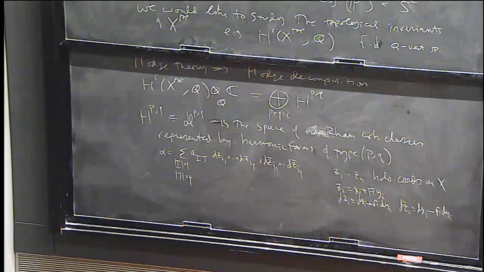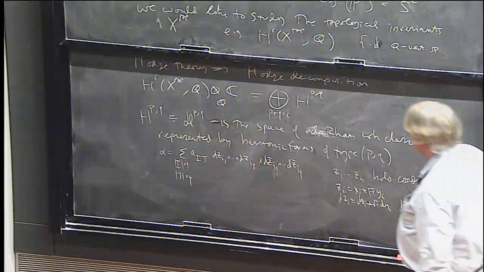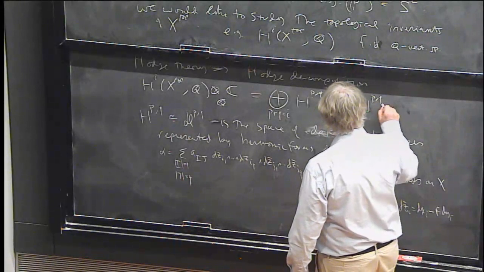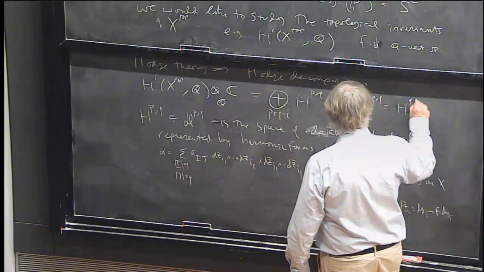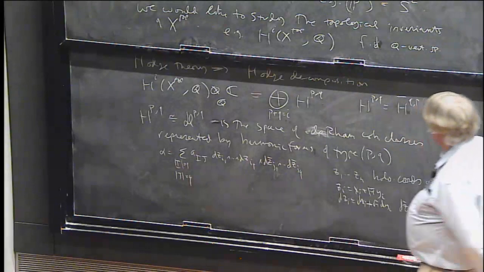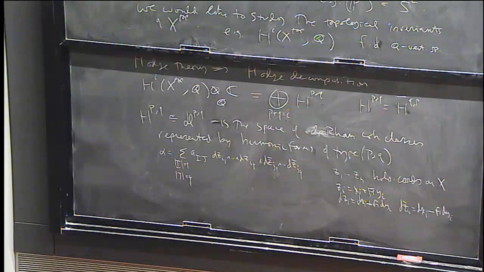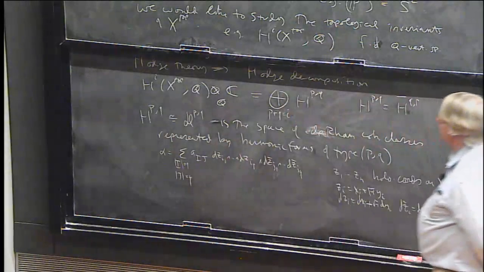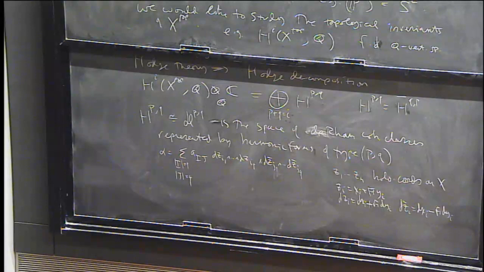This tells us some stuff because, just from this description, it's relatively easy to see that H^{p,q} equals the conjugate of H^{q,p}. That immediately tells us that if i is odd, then the dimension of this space has to be even. That's not necessarily true for a general complex manifold; it depends on the Kähler property.